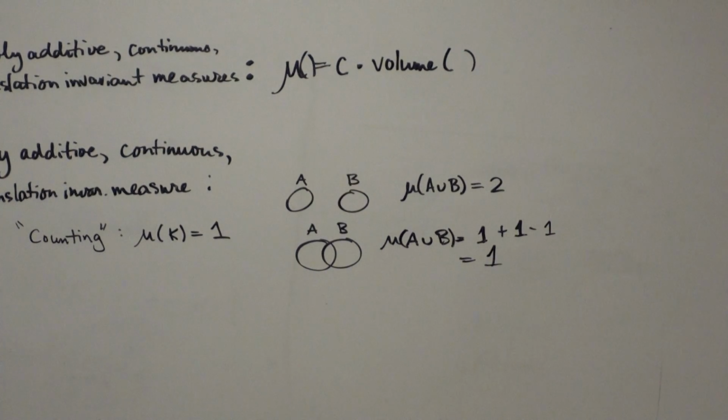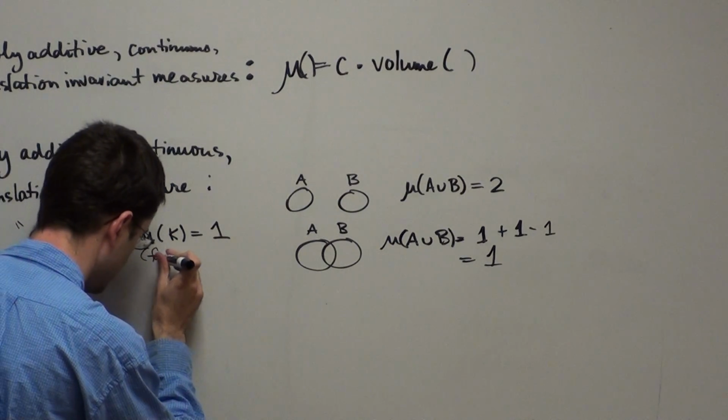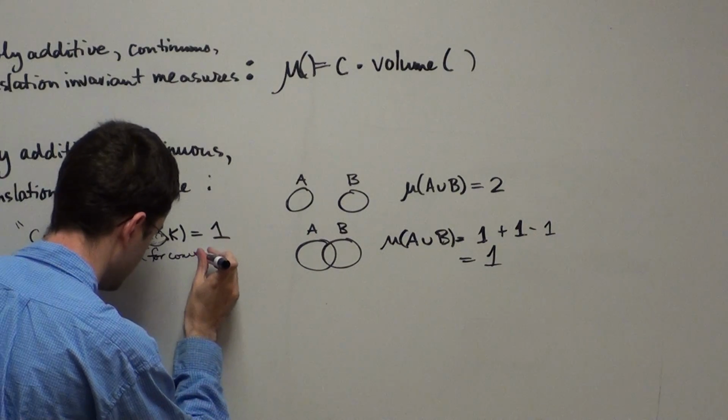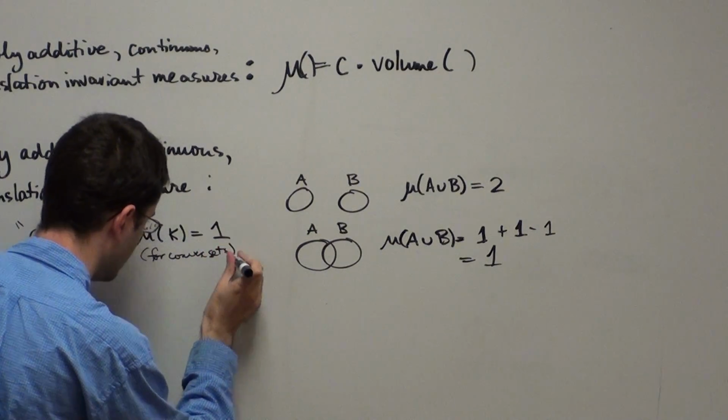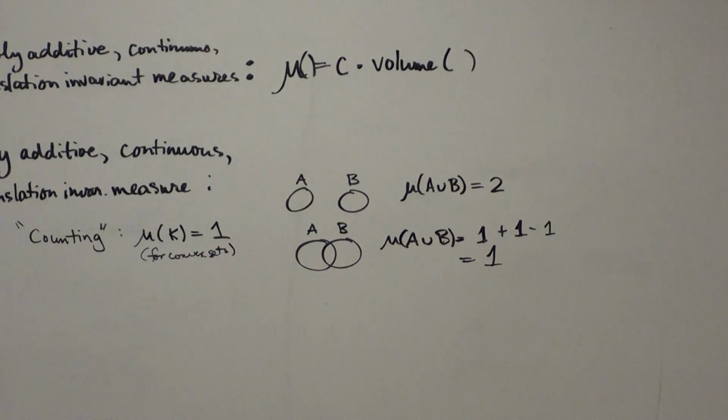So this just counts how many distinct sets you got. That's not a very interesting example. If that were all there was to it, we wouldn't bother with this.